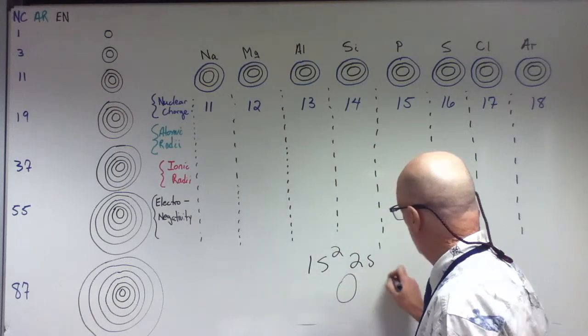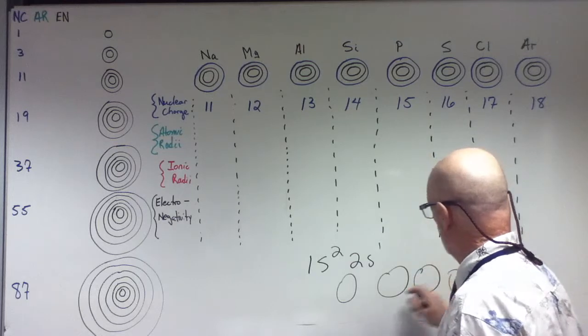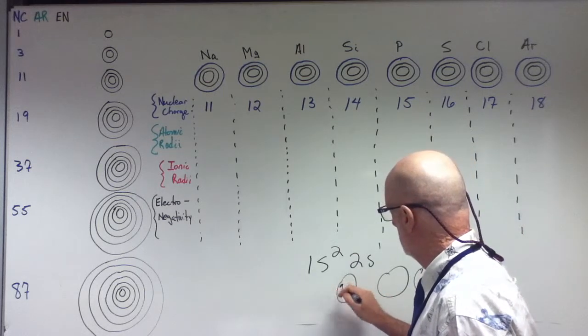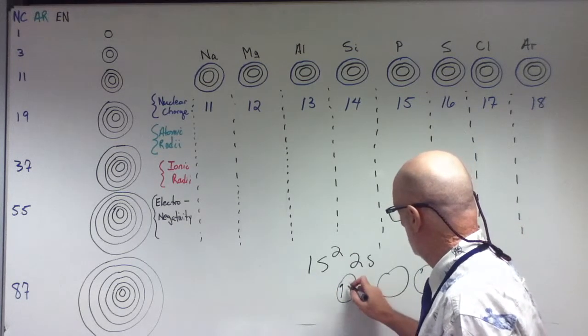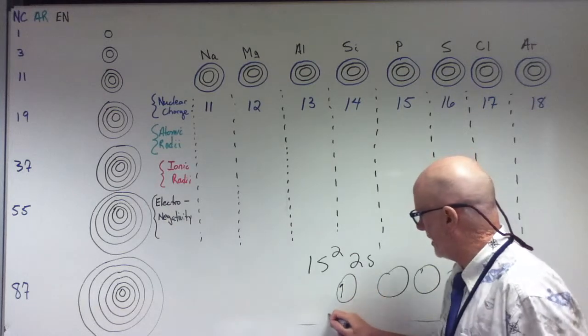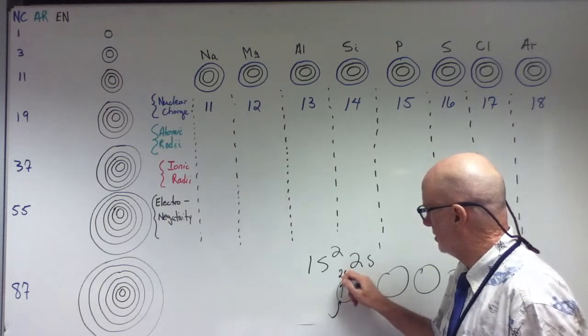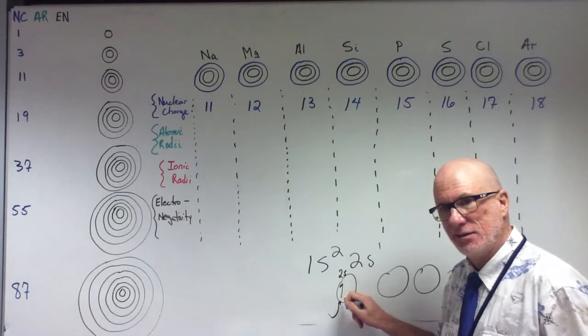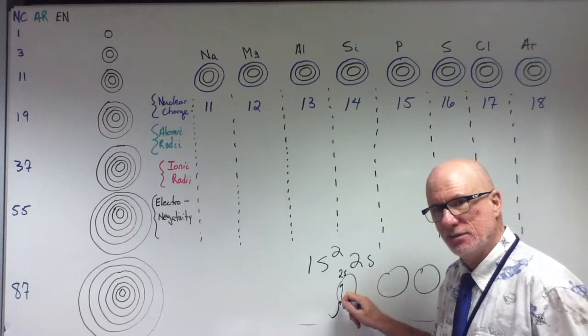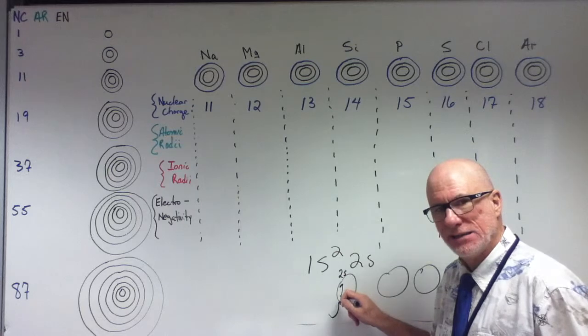And if I do the filling, it's like this, right? That's the one right there. That's the 2s. That's the electron right there. That 2s electron. That's the one that I'm talking about, yes?